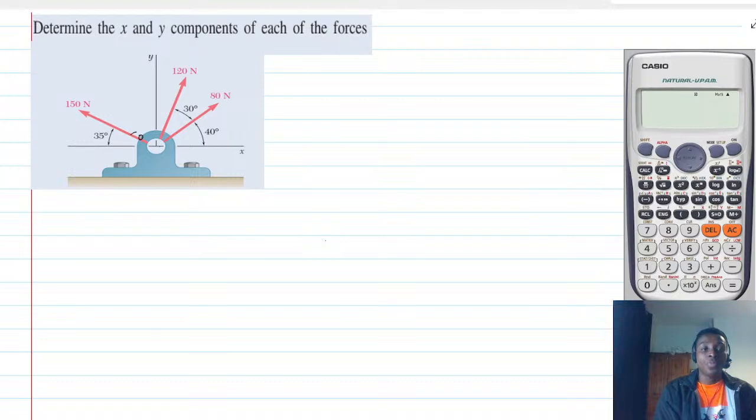Okay, so let's start with the 80 Newton force. So we are going to resolve this force into x and y components. Is that right?